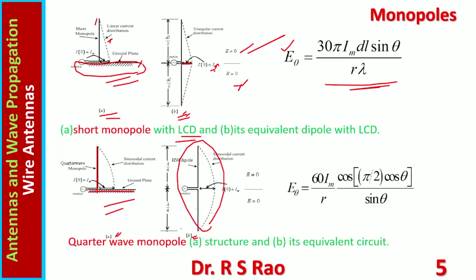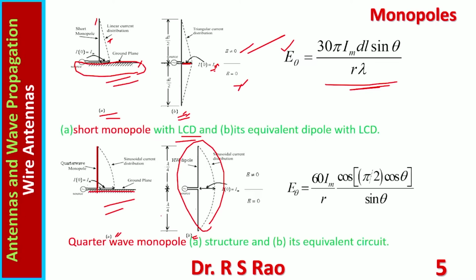A and B are equivalent, of course, with one difference. B gives radiation in all directions, whereas A gives radiation only into the space that is above the ground plane. Below the ground plane, there is no radiation, therefore field is 0.